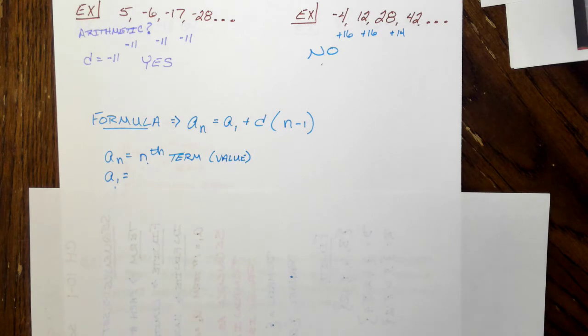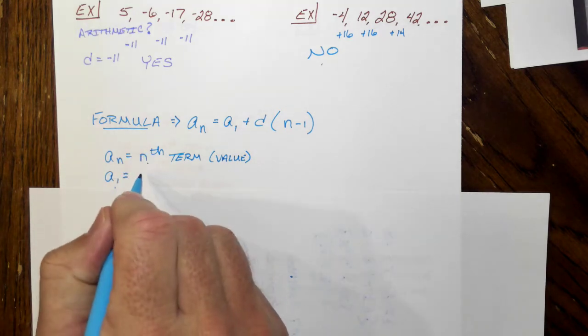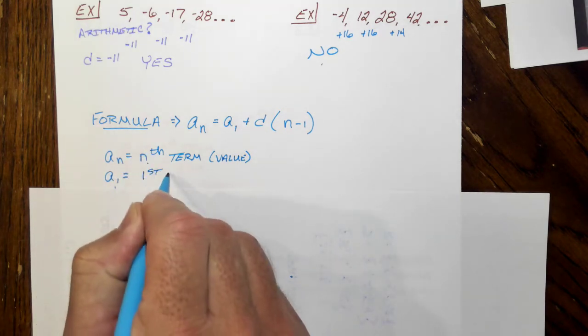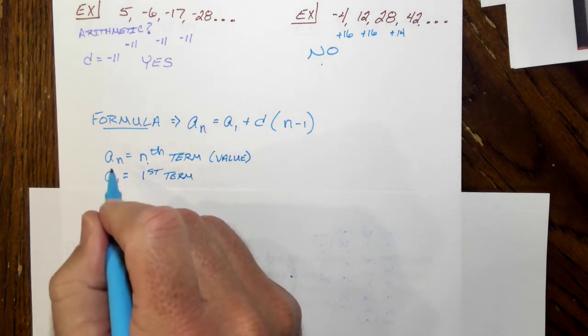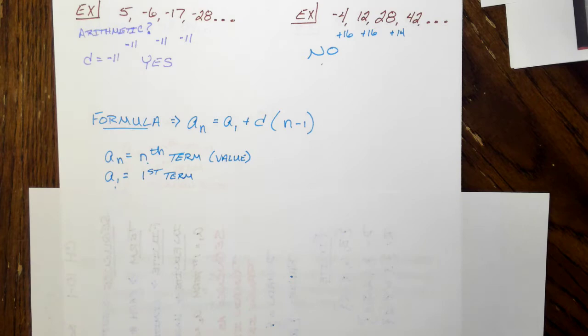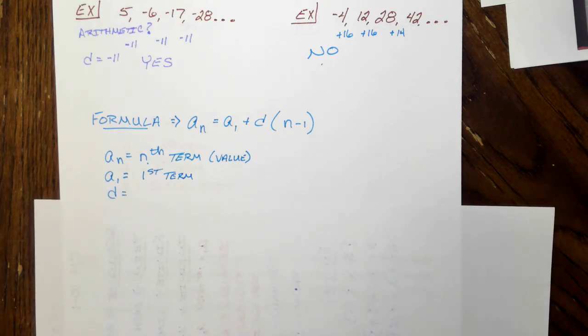A sub 1 will be whatever your first term is. The value of it, again, remember, those fell into the range category using the letter A. D will be your common difference.